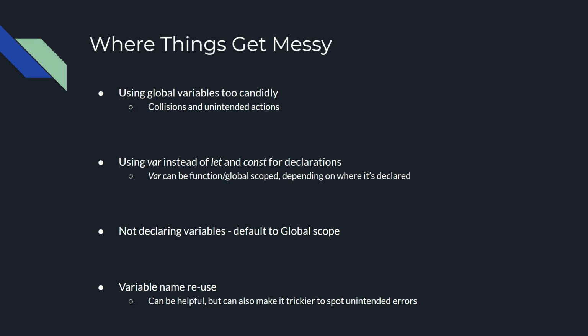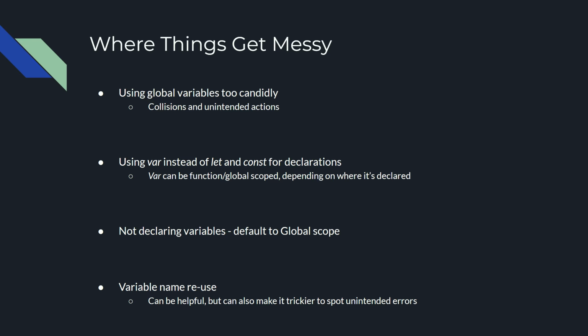So when working with scope, there are a couple of things that can make things trickier and messy to keep in mind. One thing is, again, using global variables too candidly, or really at all. You want to limit your use of global variables to reduce the chance of any collisions or unintended actions. That ties into the next point of using var instead of let and const for variable declarations.